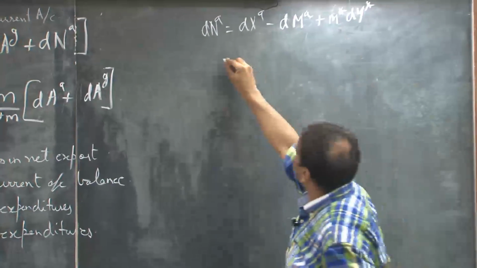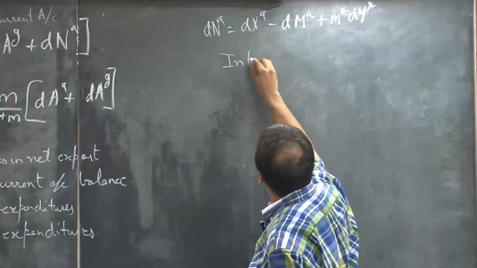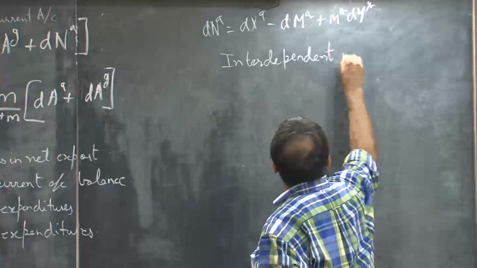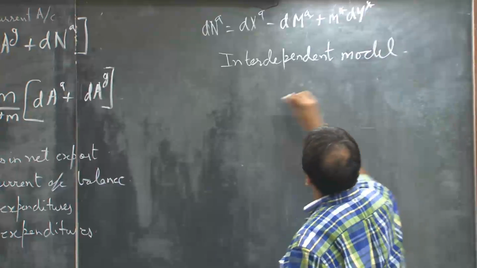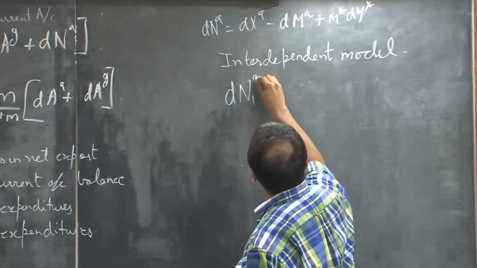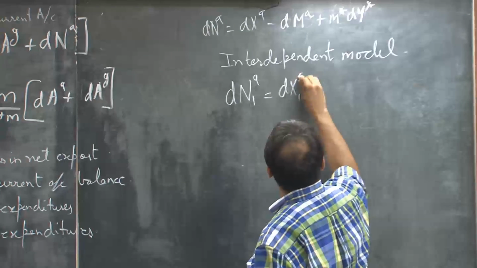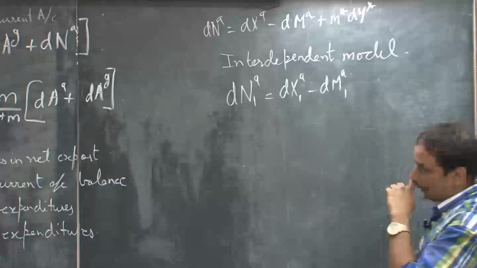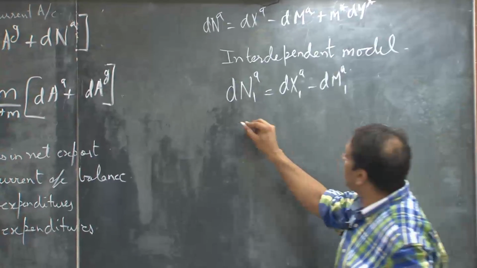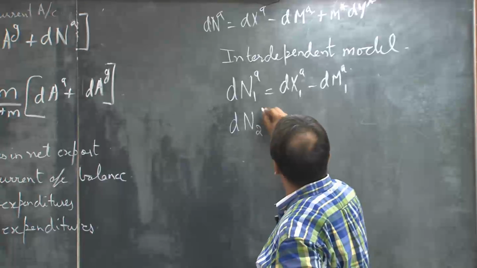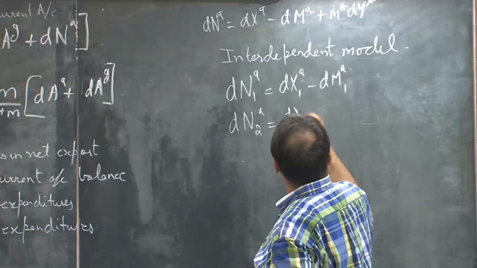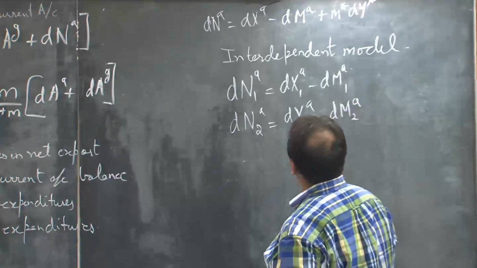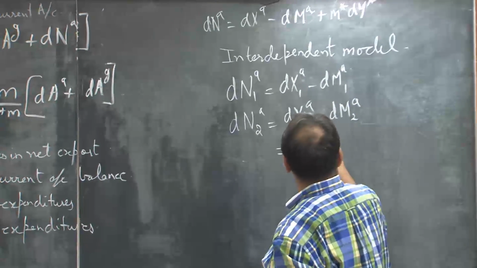Now, in this interdependent economy, the change is that you define dN1A to be dx1A minus dm1A, and dN2A to be dx2A minus dm2A, and dN2A is minus dN1A.